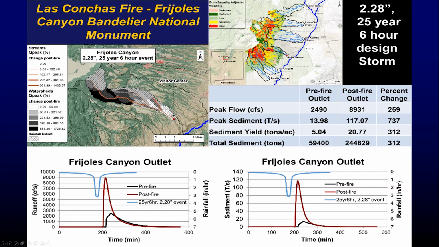And again, we see the high burn severity in the upper 20 to 40% of the watershed. And again, that's giving us a large response in terms of percent change in watershed peak. In this case, you can see we still have pretty large response in the channels.